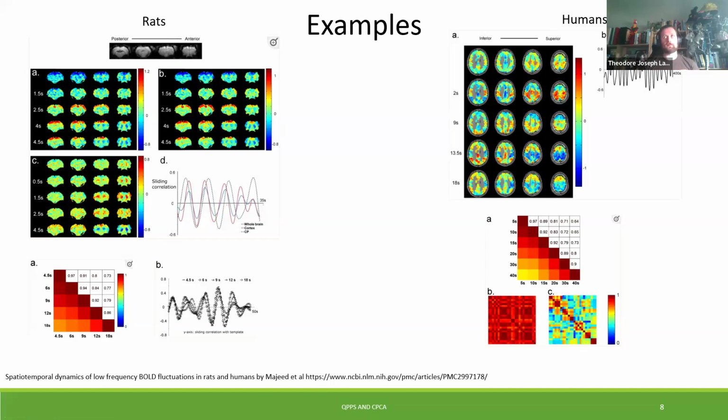This is more work with Machi Anumba, who used QPPs a lot more, and Nanju, but they both used QPPs within rodents and found that a window length of 18 to 20 seconds is better, compared with humans, where we get the full waveform at around 20 to 30 seconds, with the best guess of 24 for the Human Connectome Project. But yes, with the rodents it is faster. The best template was faster.